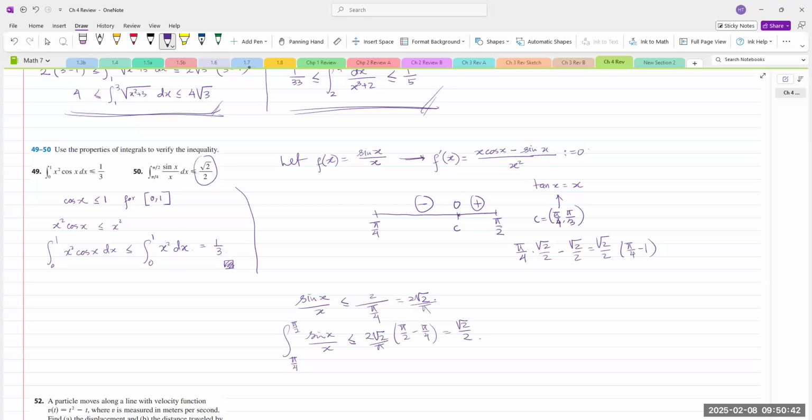This is the local minimum. We don't know what that c is, but the value here will be radical 2 over 2 over pi over 4, while the value here will be 1 over pi over 2. Do we have an x-intercept in between? No, we don't.